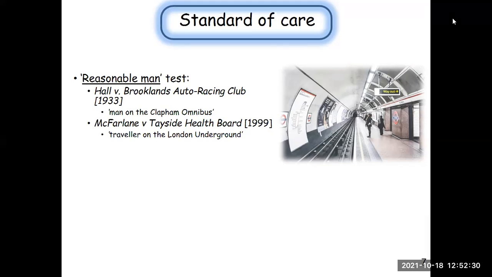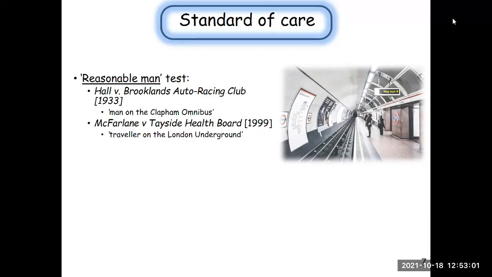So the court will ask, under these circumstances, what would the reasonable man have done? If the defendant acted to that same standard, or even above that standard, he will not be held liable. Then we will say he's done everything we would have expected a reasonable person to do, and that means he did not breach his duty of care.